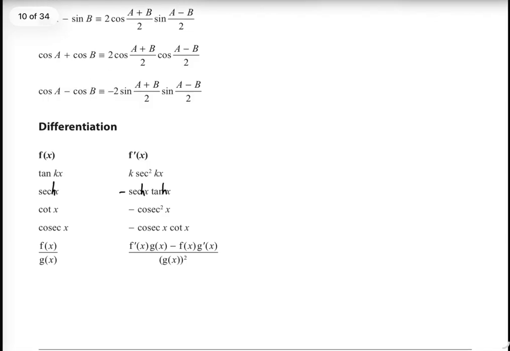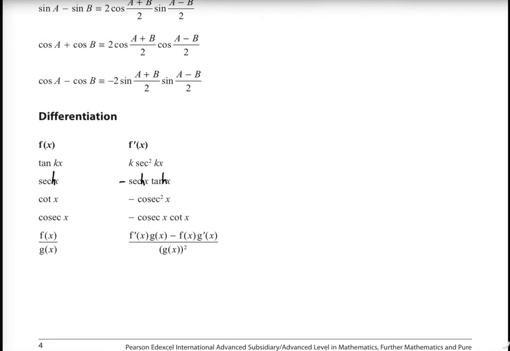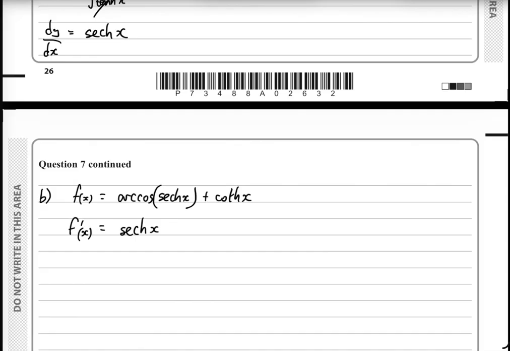And we're still in the P3 section here, because if I put an h in here, then I put an h in here. So coth differentiates to negative cosec squared. I'll get rid of that. That's negative cosec squared x. So that's the derivative. And now we want to find the turning point, so we set that equal to 0.